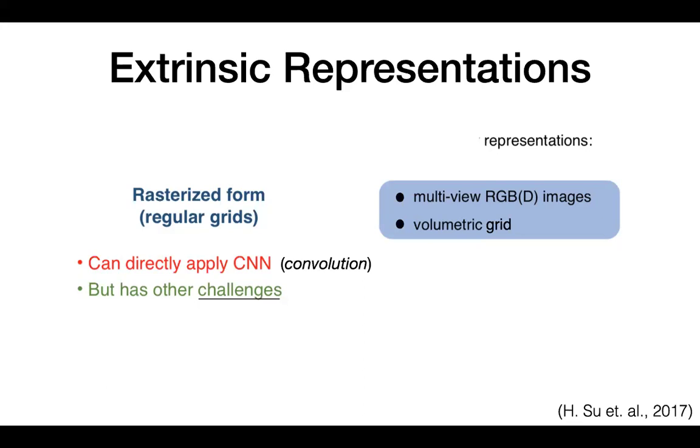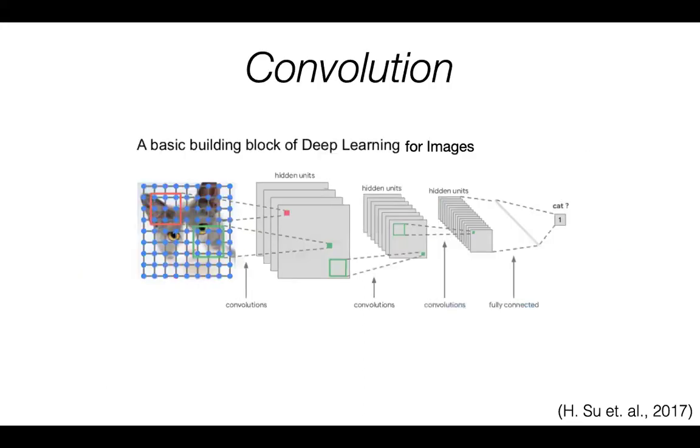And historically this was a natural extension after machine learning for images. Then when people started using machine learning for 3D data, they started with RGBD images, then volumetric data and things like that. And basically here we are going to use what we have seen in the first part of the lecture. We used convolution as the building block for learning, analyzing, and even generating.